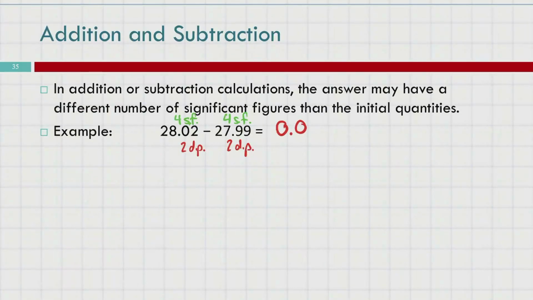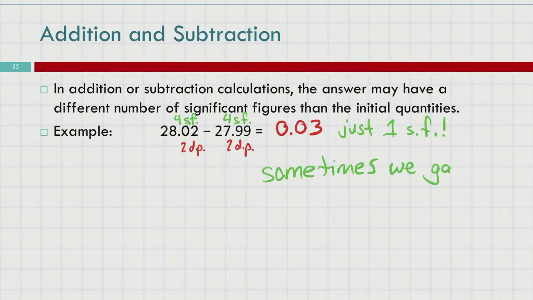Ask your calculator, and it'll tell you this is 0.03. That's 2 decimal places. And how many significant figures is it? Just 1 significant figure. So sometimes we can gain or lose sig figs when we do addition and subtraction.